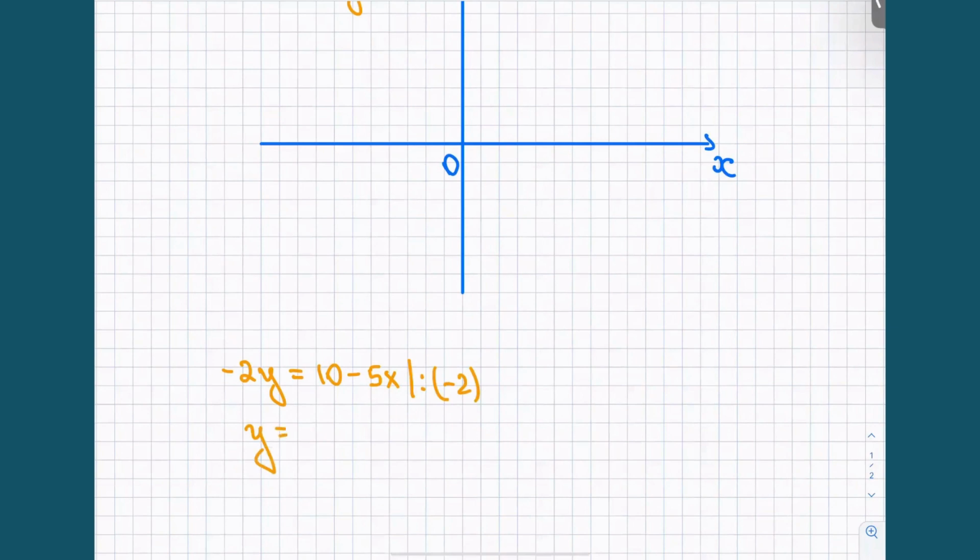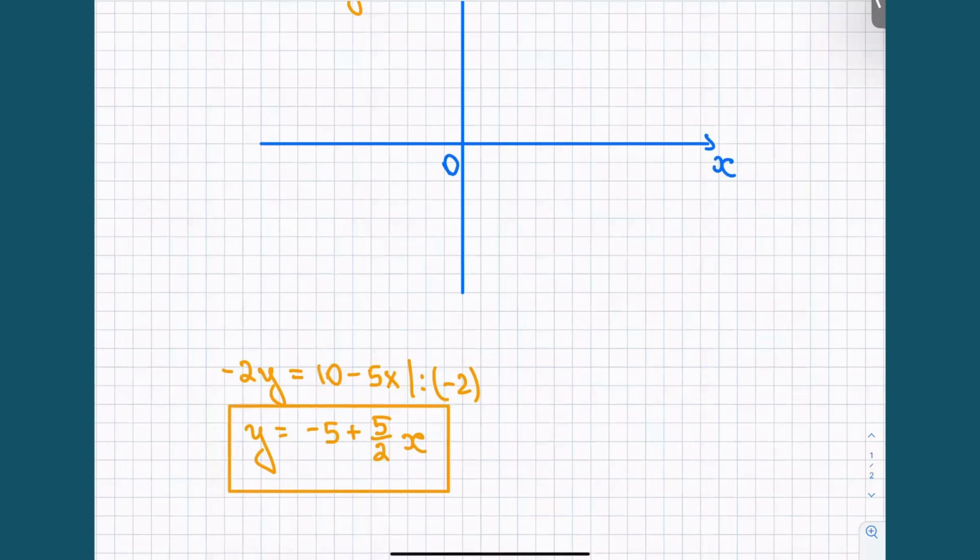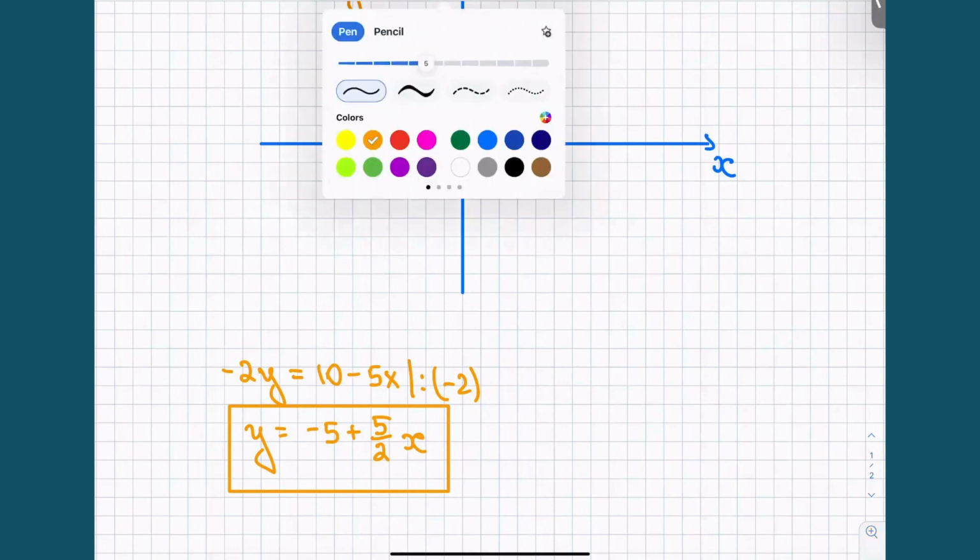So that will give us y equal minus 5 plus 5 halves x. Very good, dear students. So let me take it in the box, and that equation in the box is exactly our straight line that corresponds to inequality number 1. So let's draw it. I know that you all know that for us to draw a straight line, we just need at least 2 points.